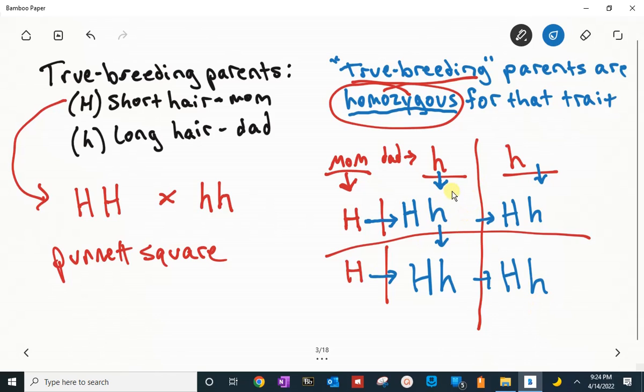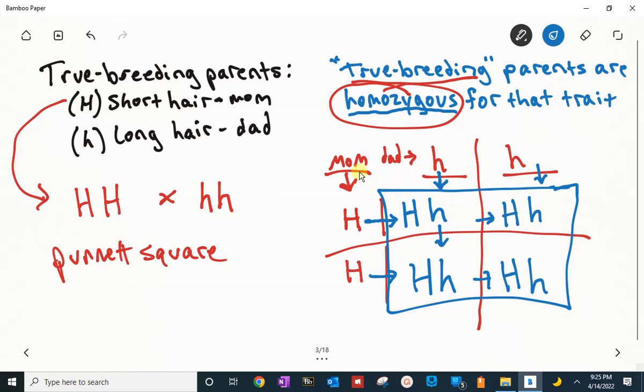And so now we have four squares with new genotypes in them. And remember, a genotype is both of the letters, both of the alleles, because we have a pair of chromosomes that have the gene that codes for hair length. So a genotype is going to have both of these in there.